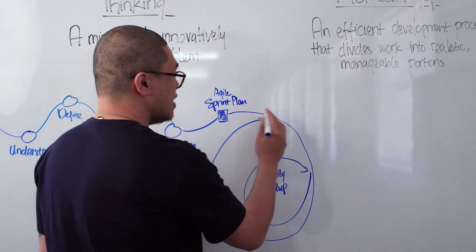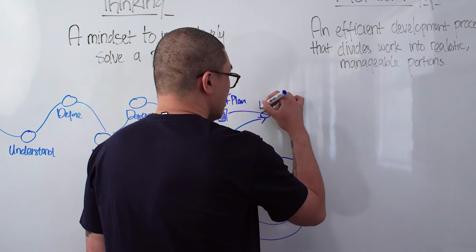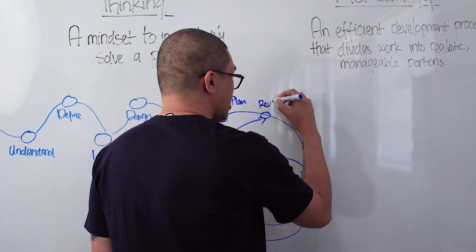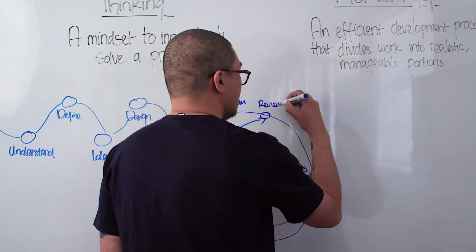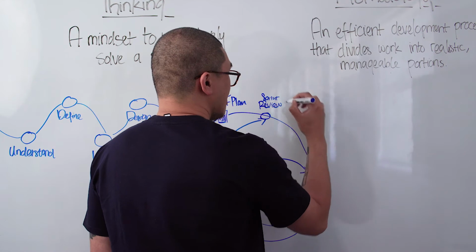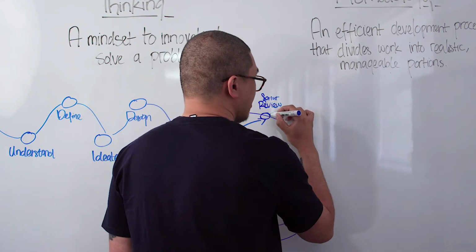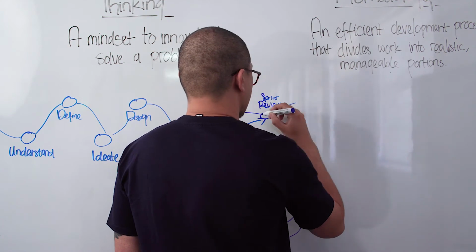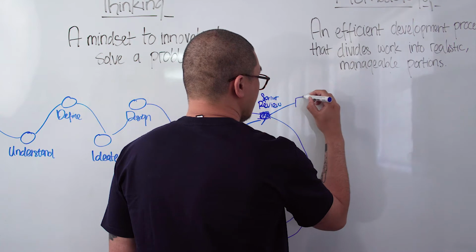At the end of this Agile sprint, usually there's a review, typically like a demo, a UAT, user acceptance testing and stuff like that. But that's a sprint review. And then from there, I've gone with the circle there, but yeah, you get it.